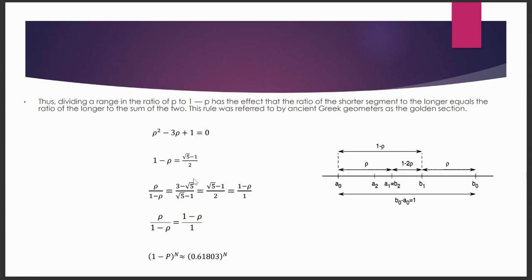This happens at every stage of our evaluation. So if there are n steps of reduction using the golden section method, this reduces the range by a factor of (1 minus p) to the power of n, approximately 0.61803 to the power of n.